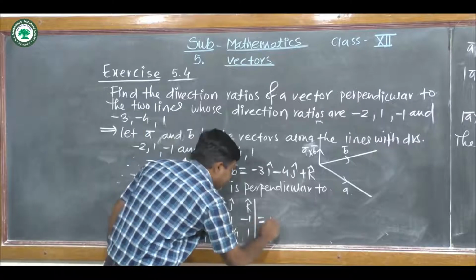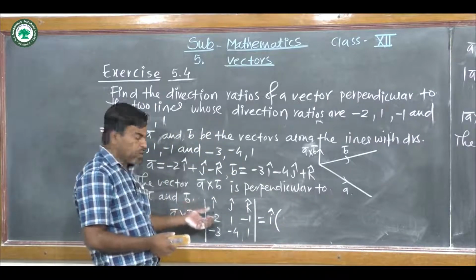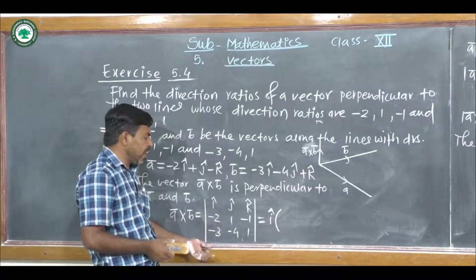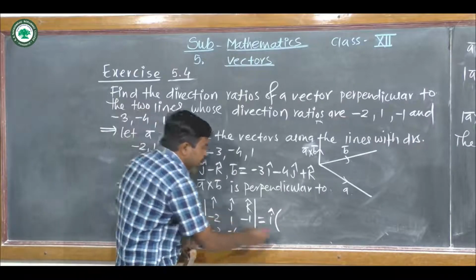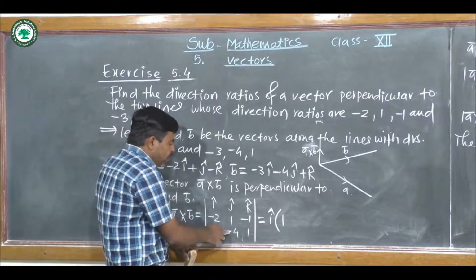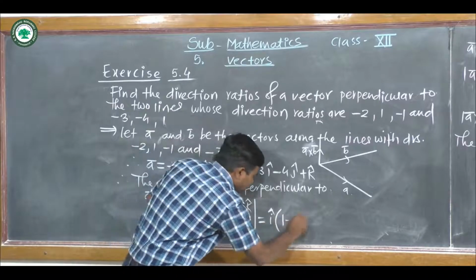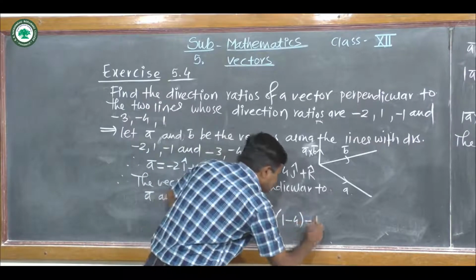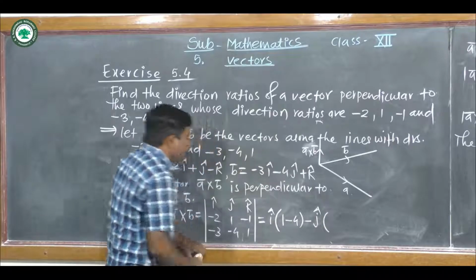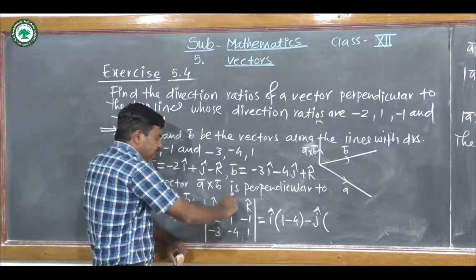So it is i cap in bracket. Now i cap lies in first row and first column, so leave first row and first column: 1 into 1, 1, minus -4 into -1 plus 4, that is 1 minus 4. Minus j cap in bracket. Now leave first row and second column, because j cap lies in first row and second column.